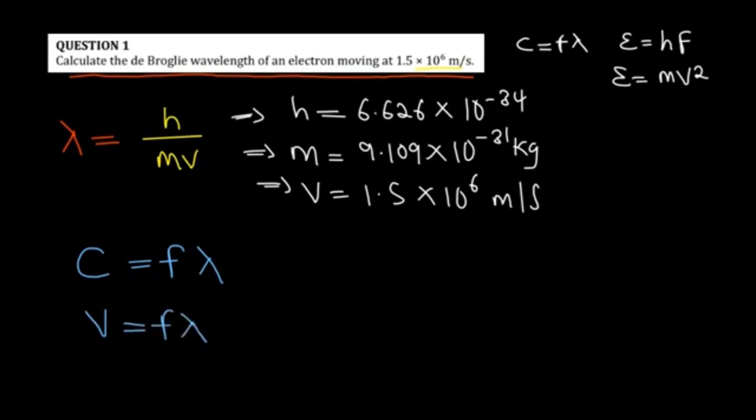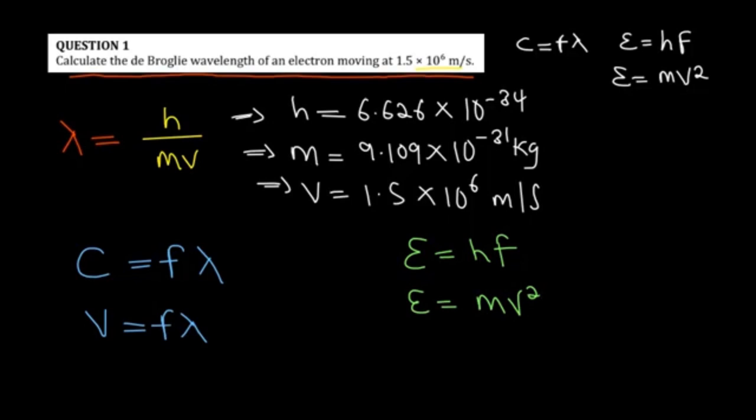We also have two formulas for getting energy. Energy is equal to the Planck's constant multiplied by the frequency, or energy can be equal to mass multiplied by the speed squared, or v squared.